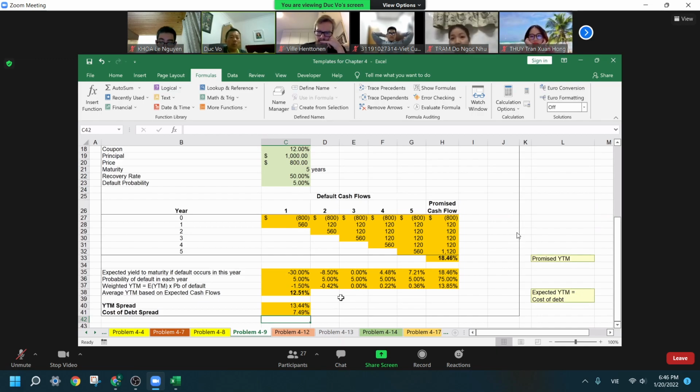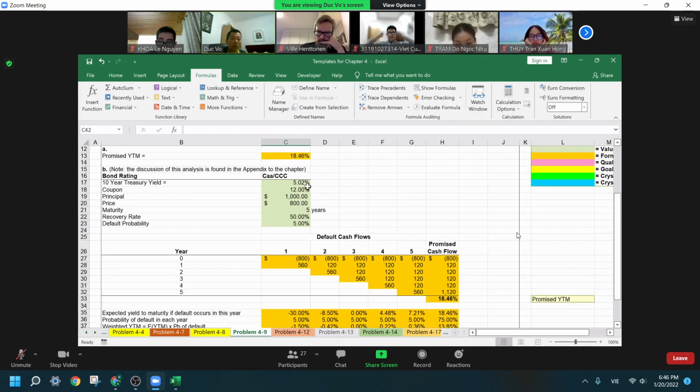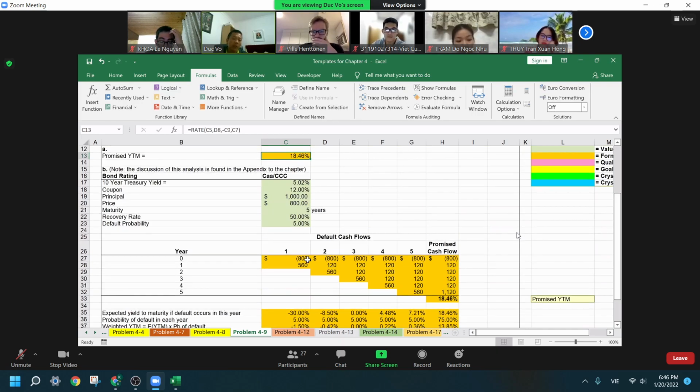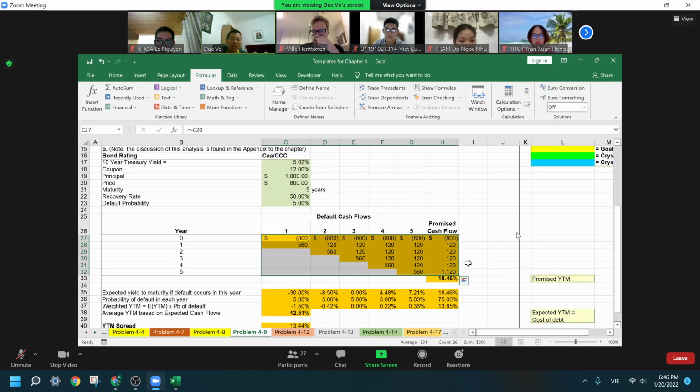What it simply illustrates is this. If you work out the cost of debt using the concept that the bond will never go bankrupt, your YTM is 18.46%. However, if there is the possibility the bond may go bankrupt, then you need to work out the default cash flow that way.